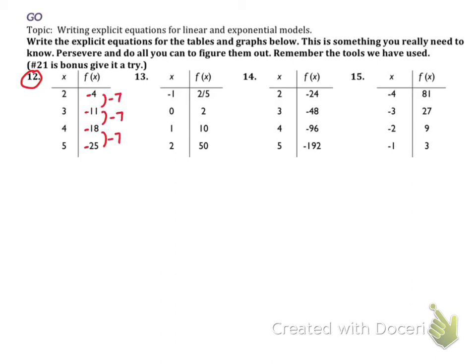Alright, so one thing I know, it's arithmetic, and for arithmetic I know how to write the arithmetic equation. We already know that it's basically f of n is f1 plus d times n minus 1, and d is actually negative 7.